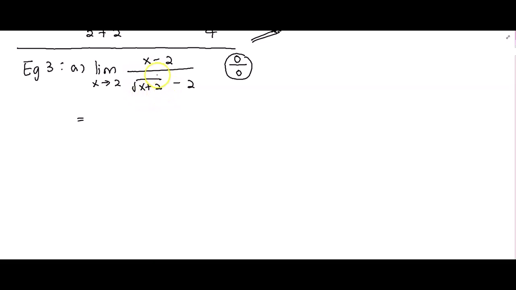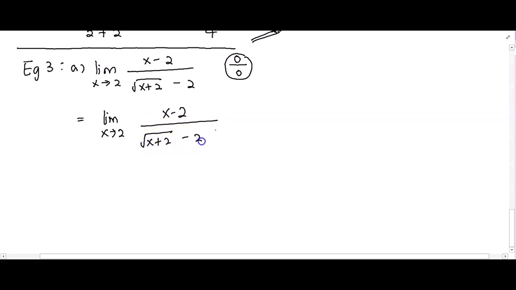When your function involves a square root, we need to consider multiplying by its conjugate, just as in the flowchart that I showed you initially. So I write down the limit notation. This x minus 2 just remains as x minus 2, and everything else I copy back.